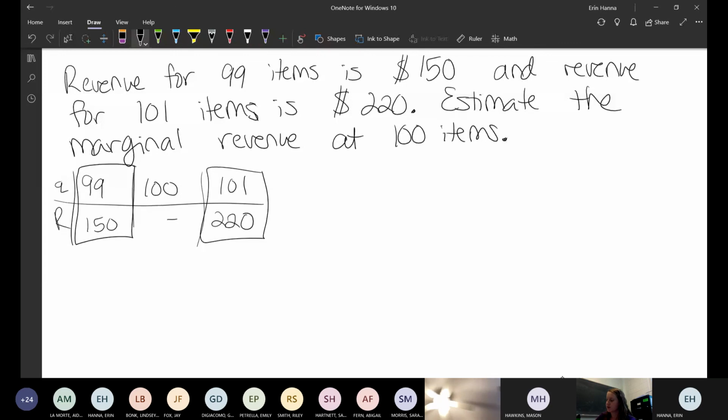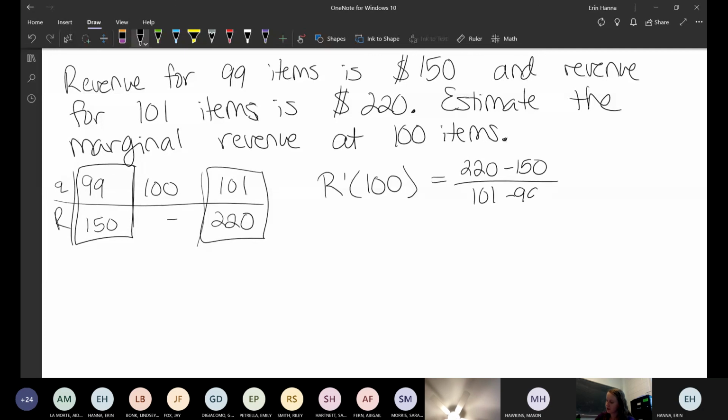You're going to estimate the derivative value at 100 by taking the slope between 99 and 101. So you'd have 220 minus 150 over 101 minus 99, whatever the heck that is. What is that, 70 over 1, so 70?